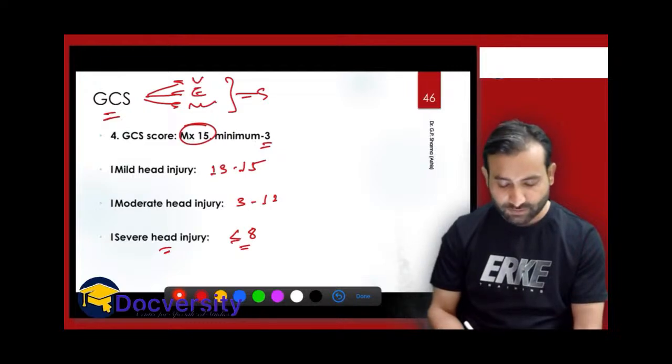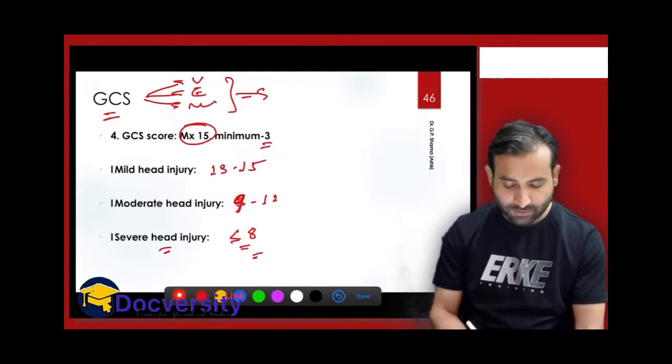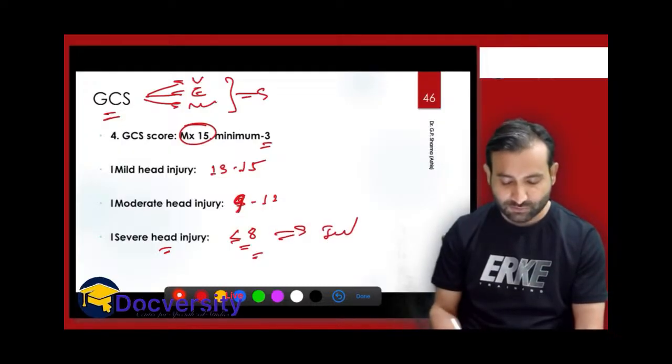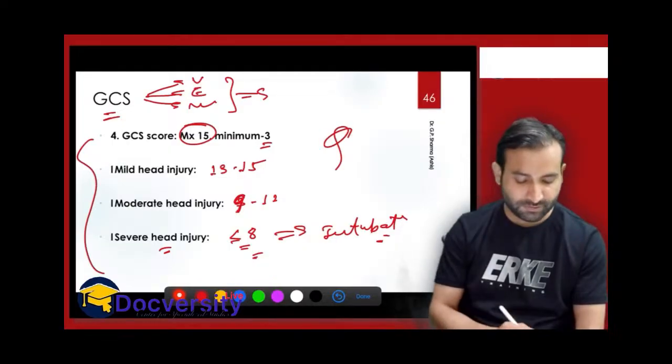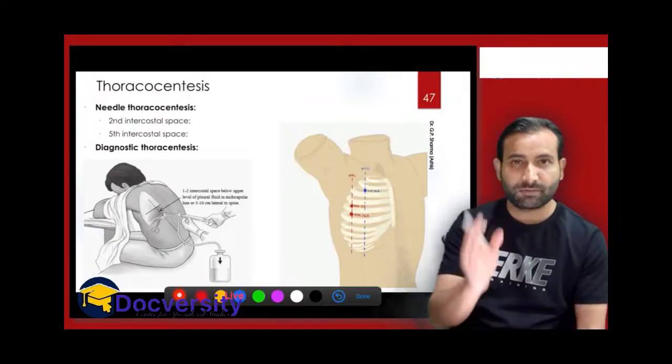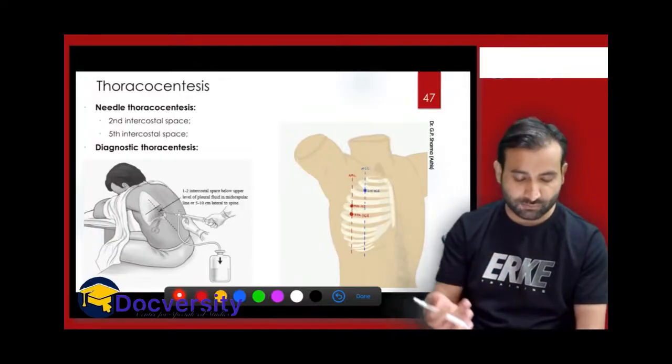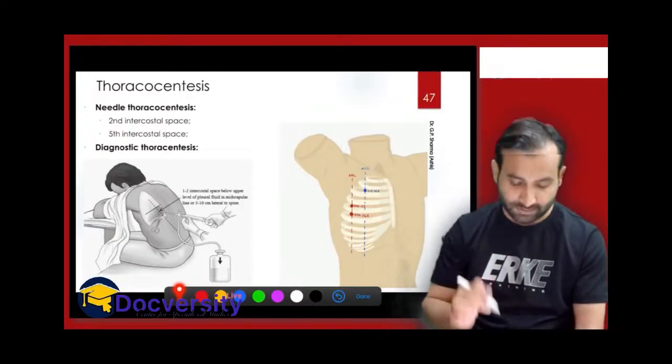And if it is severe head injury, 8 or less than 8, okay? So if the patient has a GCS score less than or equal to 8, then we go for what? Intubation, right? So these are the indications. Remember, these are the questions in the exam. They will give you the head injury patients and their characteristics. You have to know how to calculate the GCS.